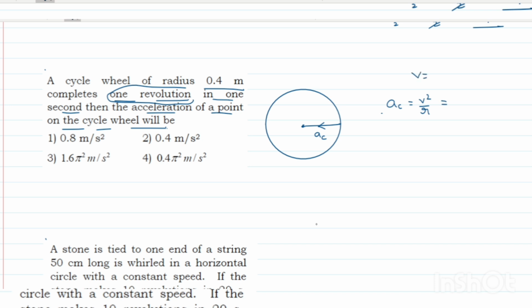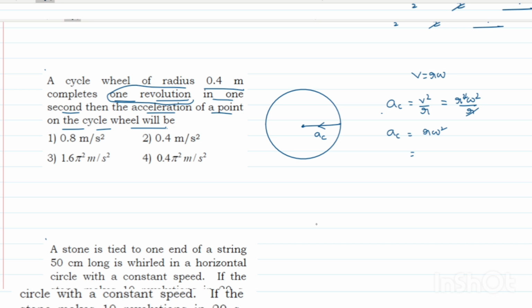There is a relation between linear velocity and angular velocity, v equals r omega. So we can write r square omega square by r, and r gets cancelled. One more formula we get is r omega square. So it depends on the question. Here you have to consider whether linear speed is given, then the linear speed related centripetal acceleration you can take.